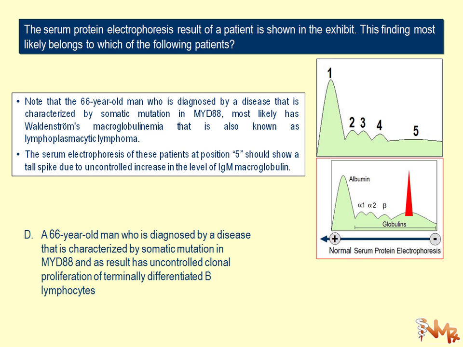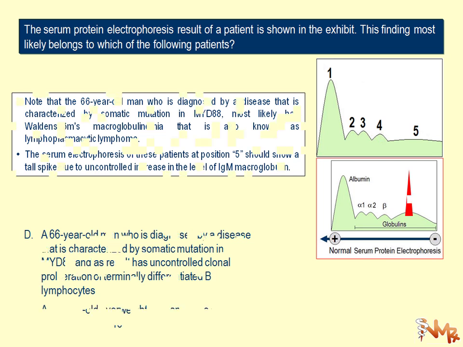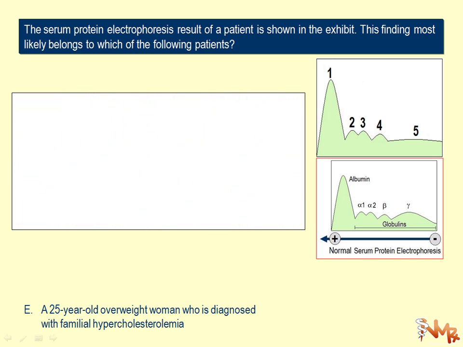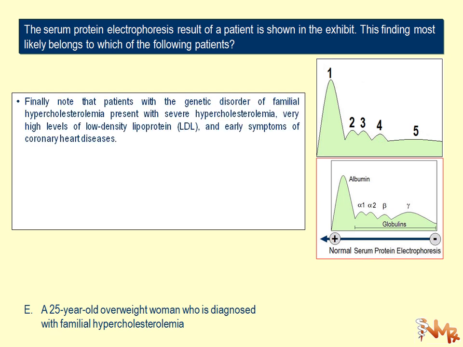Finally, a 25-year-old overweight woman who is diagnosed with familial hypercholesterolemia. Patients with severe familial hypercholesterolemia present with high levels of low-density lipoproteins, LDLs, and early symptoms of coronary heart disease.